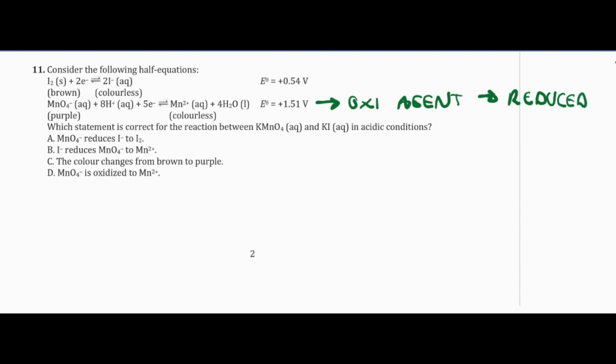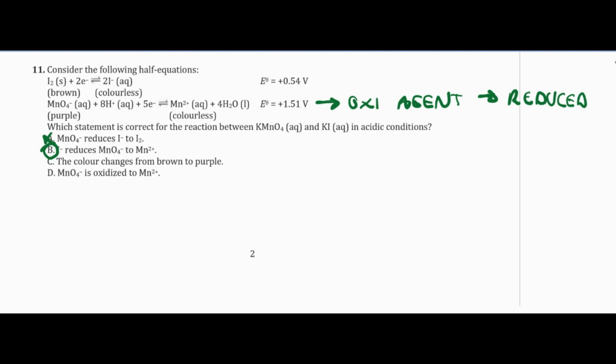So then that means it can't be A. The manganate doesn't oxidize, it reduces, which means it will be B, because the iodide ion, rather, is the reducing agent, itself oxidized.